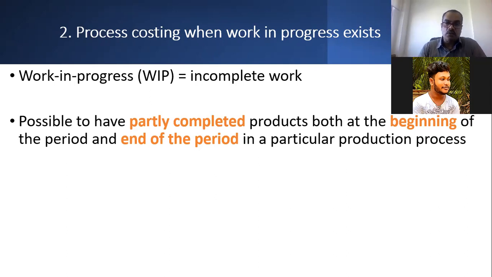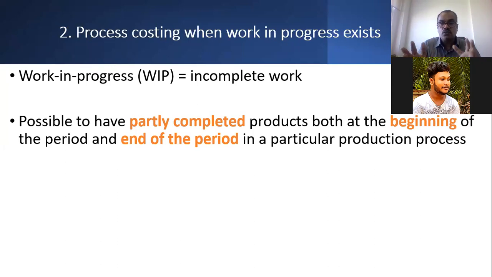But for simplicity, for learning purposes, we do not take it like this. We make an assumption that all the goods are completed at a particular level, maybe 10%, 30%, 50%. Likewise, we make it very simple. And again, we make another assumption: all the raw materials required to produce have been assigned and identified or consumed for that particular product.